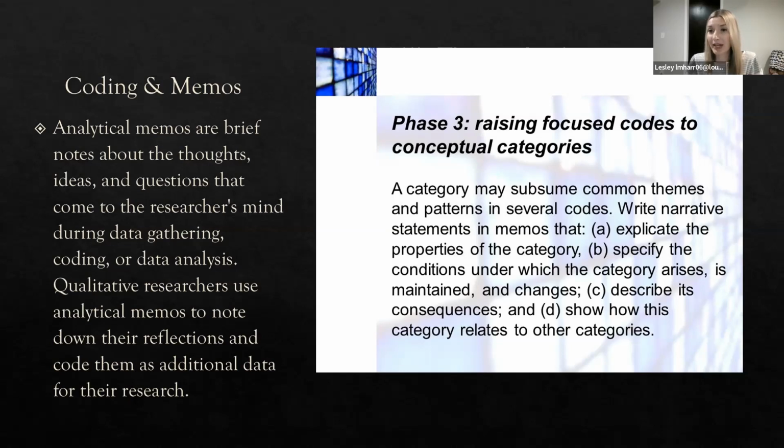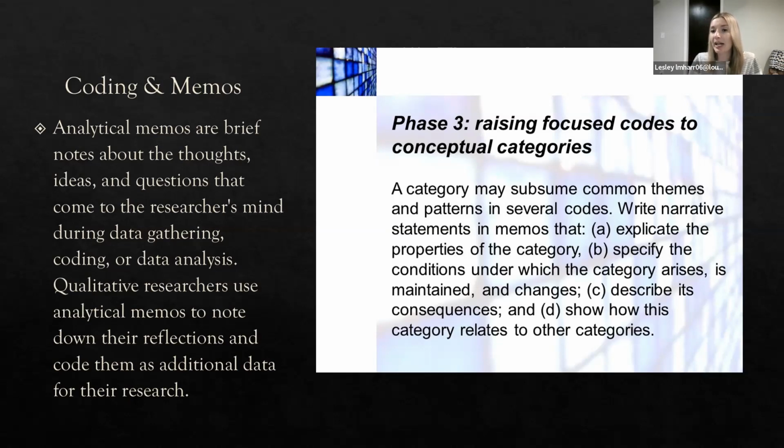If we think about phase 1 or cycle 1 being our initial coding, phase 2 or cycle 2 being our focus coding, we can really think of phase 3 as being raising our focus codes to higher level conceptual categories. Once we move from clustering our initial codes to focus codes, we can then also cluster our focus codes into categories. And then from there, we're going to talk in a minute about properties and dimensions.